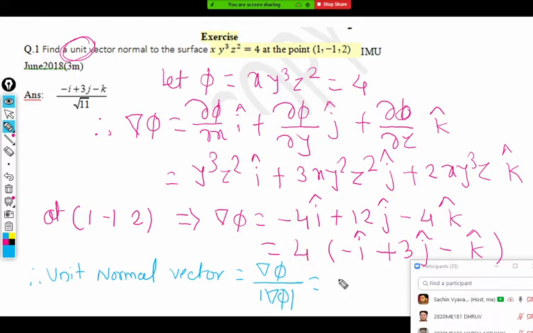So I can write minus i cap plus 3j cap minus k cap divided by square root of 1 plus 9 plus 1. If you keep 4 inside and do that, you will get the same answer. And in the last step, you will have this as the answer.